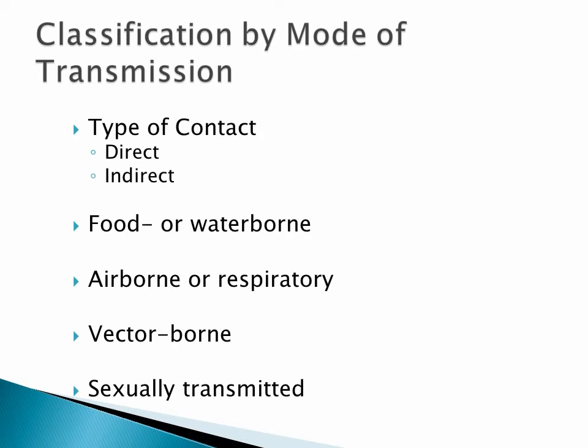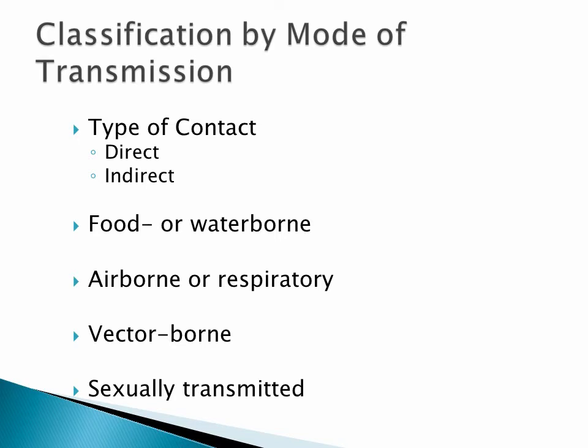You can also classify infectious diseases or pathogens by mode of transmission. It can include type of contact, whether direct or indirect. Infectious agents can be transmitted through either direct or indirect contact. Direct contact occurs when an individual is infected by contact with the reservoir, for example, by touching an infected person, ingesting infected meat, or being bitten by an infected animal or insect.